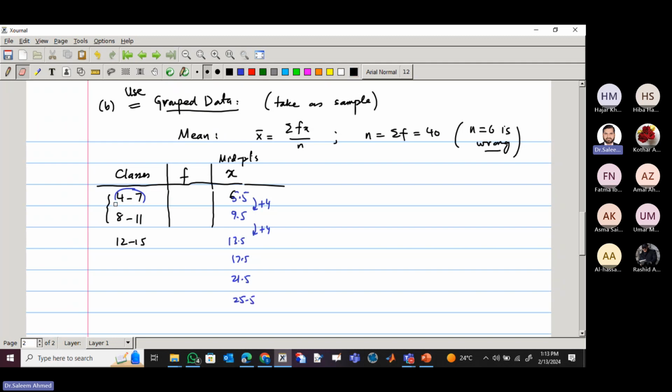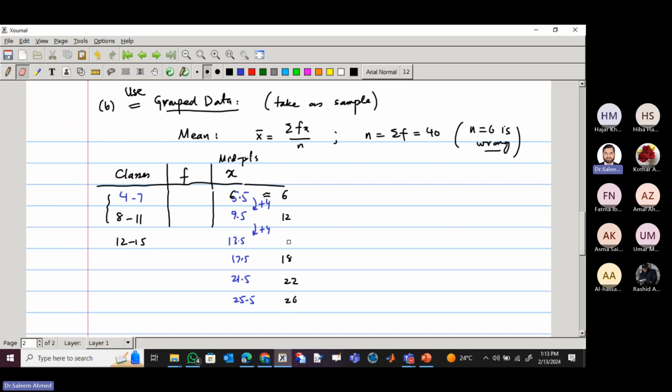But if you say you want to round it, that will also be fine: 6, 10, 14, 18, 22, 26. So either of these can be used as X.